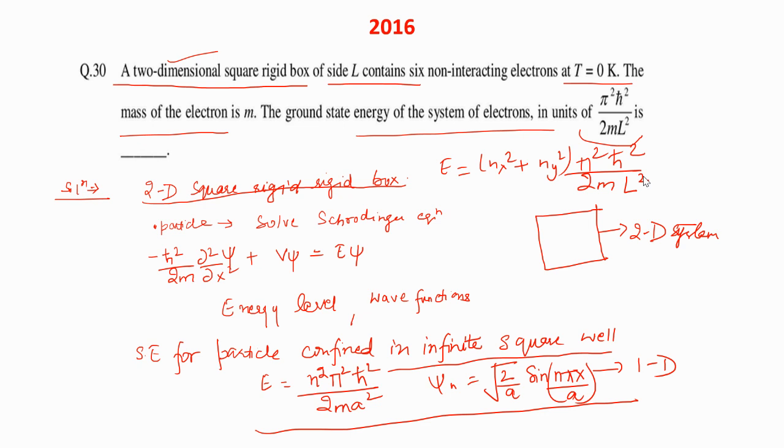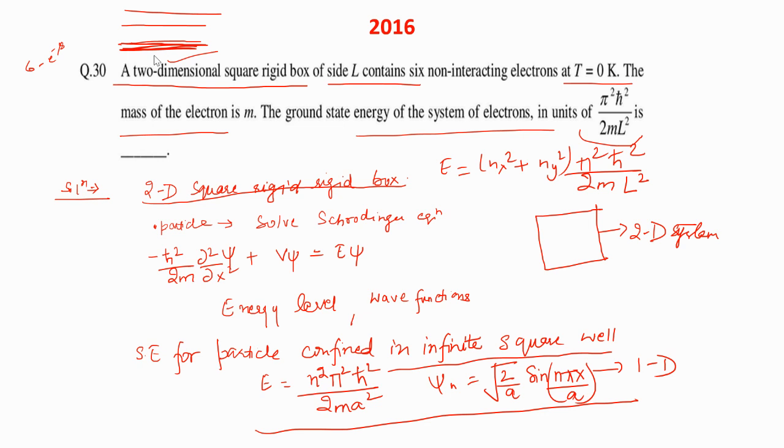We have a system of 6 non-interacting electrons. So this is the wave function. This is the state for this system. There are 6 electrons and they are non-interacting, right? So only two electrons can occupy each state, right? This is the Pauli exclusion principle.